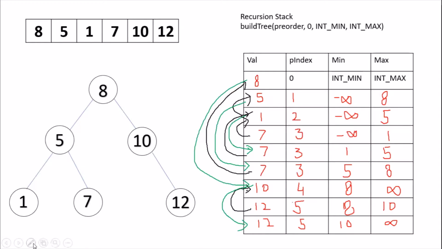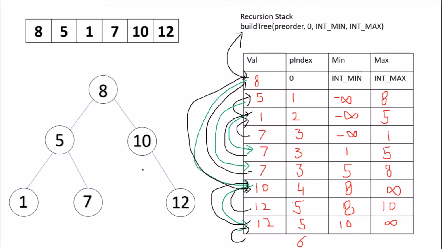And now we go further. P index is now 6 for the left child of 12. Since 6 is equal to the size of the array, we simply start returning. So this call will return to 10, and 10 will return to 8, and 8 will return its call to the first call of the function.